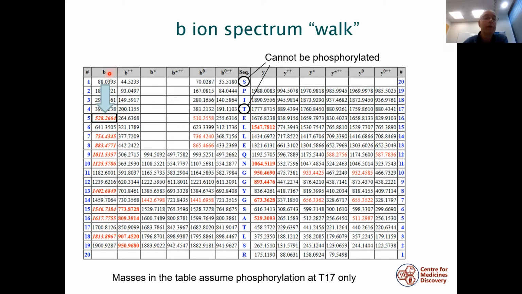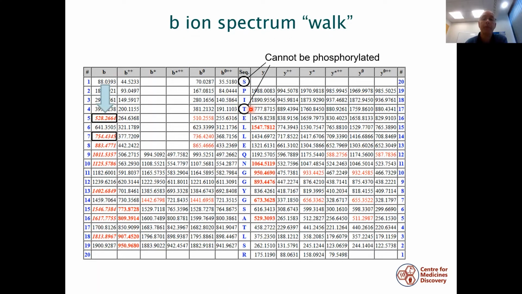When we look at the first mass in the B ion series, this mass 528, because we have this match, this means that serine number 1 and threonine number 4 cannot be phosphorylated. As we work down through these, the presence of these ions also are only possible if serine and threonine are not phosphorylated.